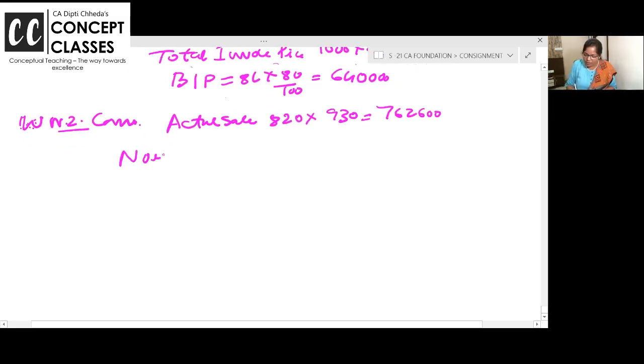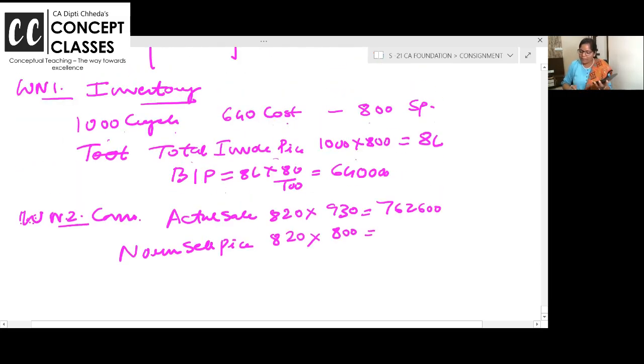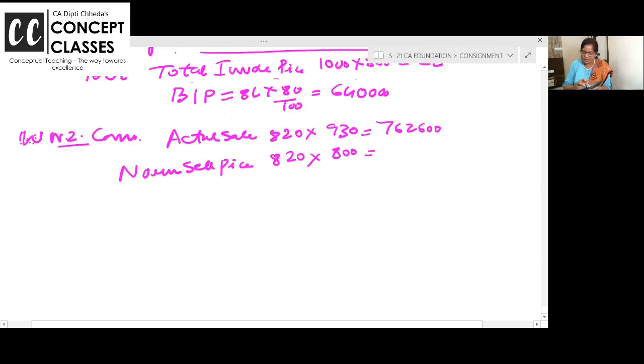Whereas what was the normal selling price decided? Normal selling price decided is 820 bicycles sell at 800. आपको मैंने पहले ही लिखाया है कॉस्ट 640, normal selling price is 800. 820 into 800, 6,56,000. How much is the surplus sales?